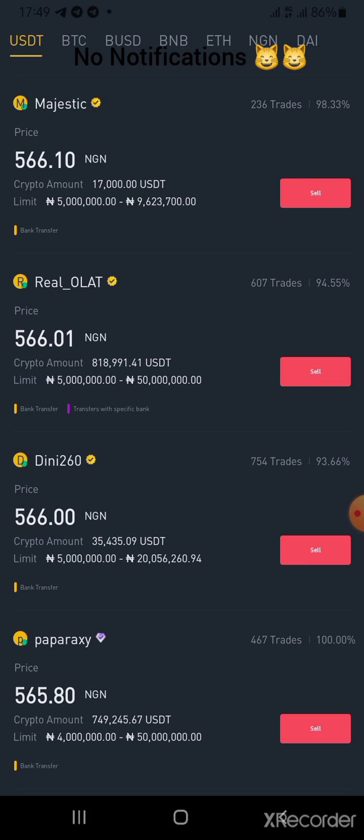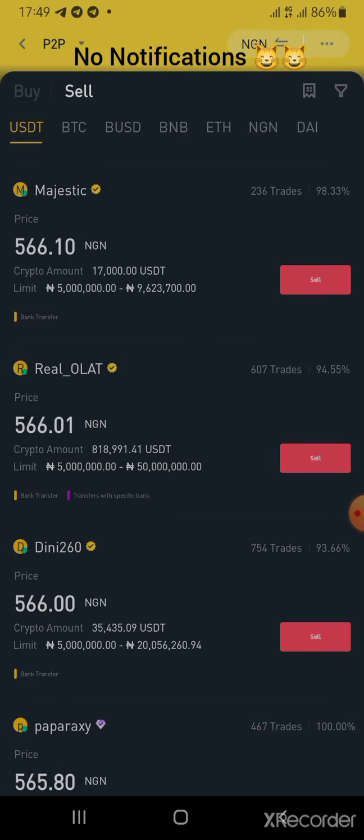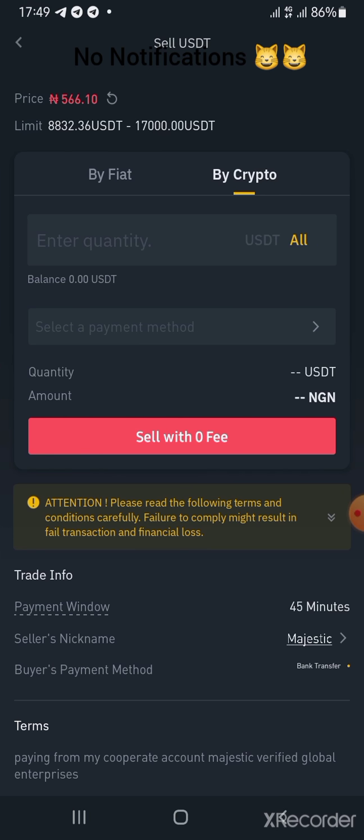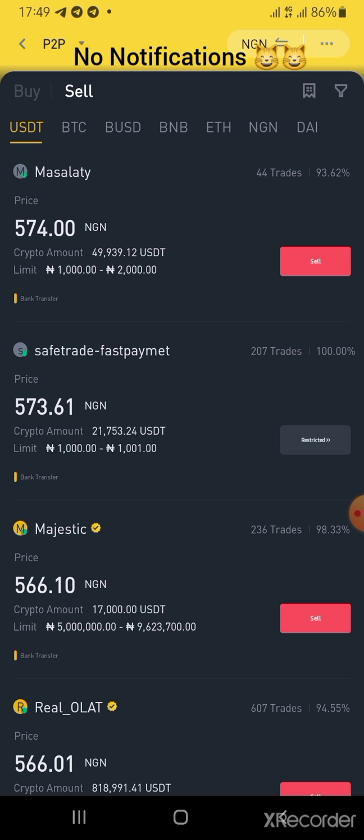Okay, so let's check Majestic. Even though Majestic is offering really high figures, let's check Majestic. So we want to sell to Majestic. Majestic is saying the least that he's going to buy from you, according to Majestic 2, has a payment window of 45 minutes, but that's also another thing to look out for. But if the payment window is good with you, most times it doesn't really stay up to that.